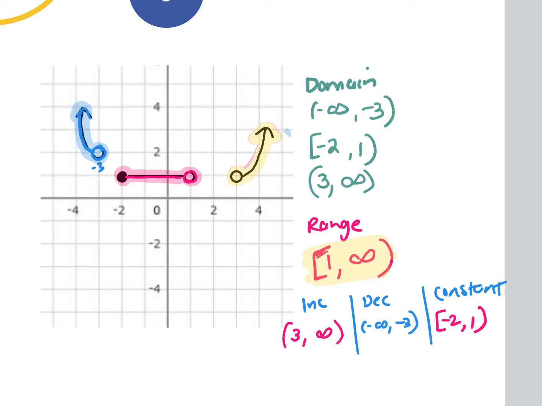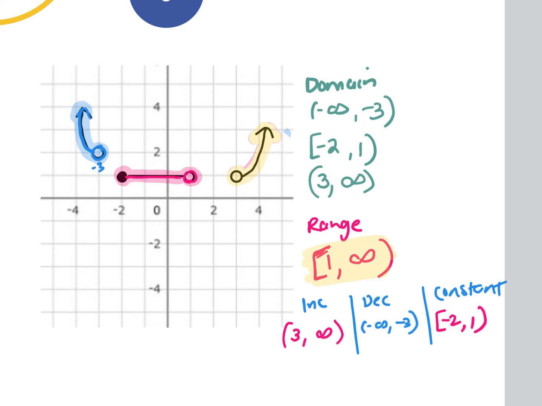Like infinity to 2 or something? Like the blue arrow. Why is that not part of the range? Because we already said this, it's already included in that. So you would just be saying it twice. That's all. So as long as this is already included in these points, which it is, you don't have to restate it.